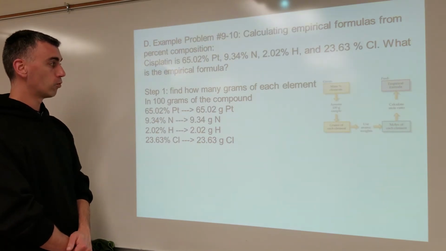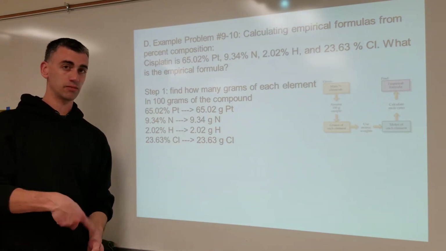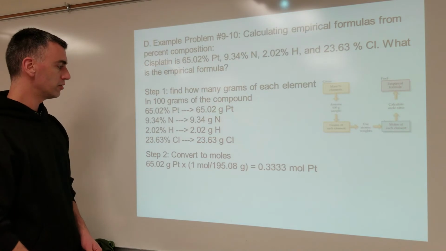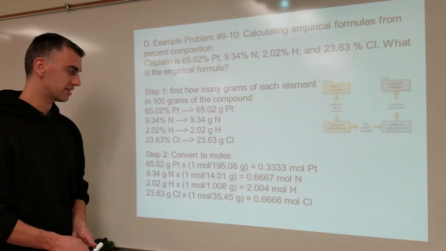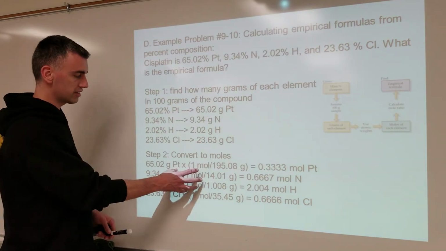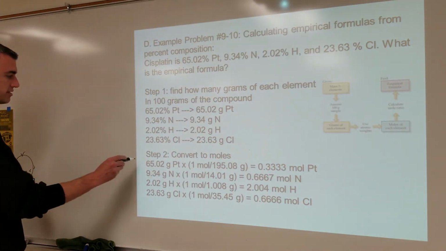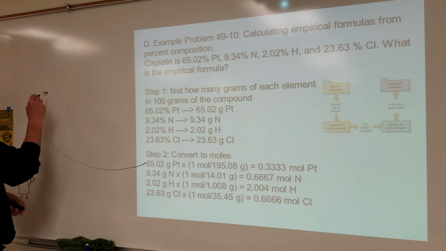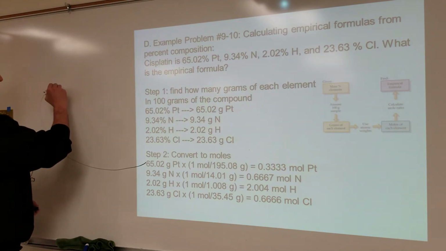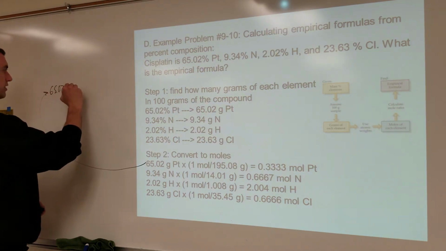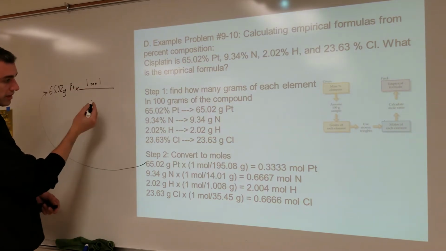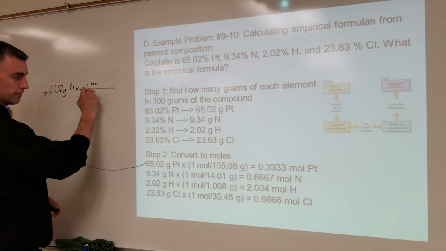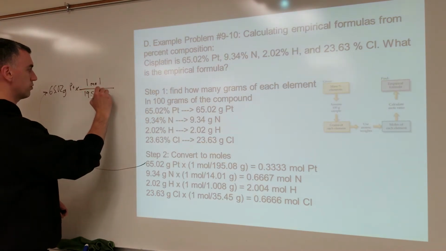Then, once you have the grams, it becomes exactly like the previous question. You convert each of these to moles. Now, for the sake of simplicity, I did it this way on the note handout, or on this slide. But understand that this is the equivalent of 65.02 grams of platinum times, for every 1 mole of platinum, or I should say the mass of 1 mole of platinum is 195.08 grams of platinum.